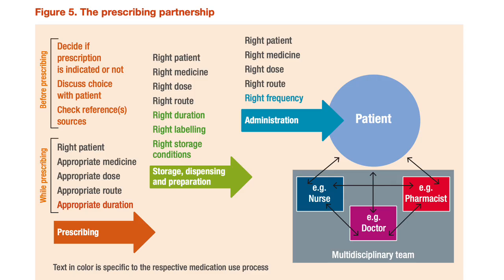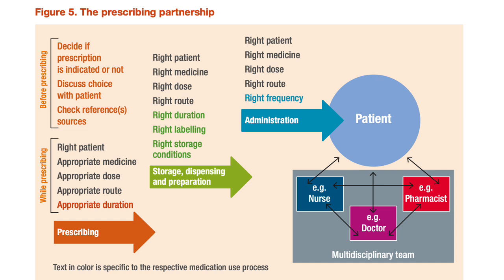Special care is needed. Collaboration between doctor, pharmacist, nurse, and patient is needed, and this happens in every step. So partnership is important. First, the doctor decides if a prescription is indicated or not, or if there is another alternative, and makes sure they are prescribing for the right patient, with the appropriate medicine, dose, route, and duration.